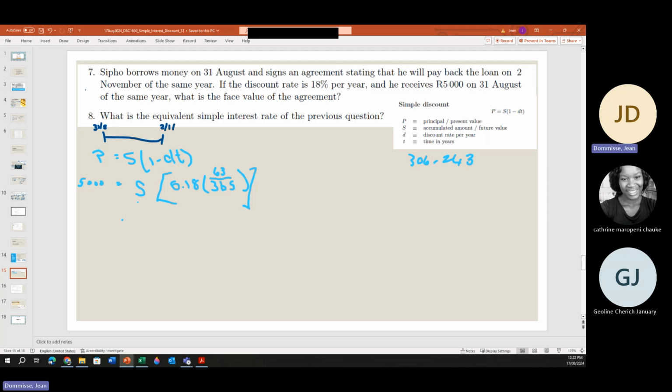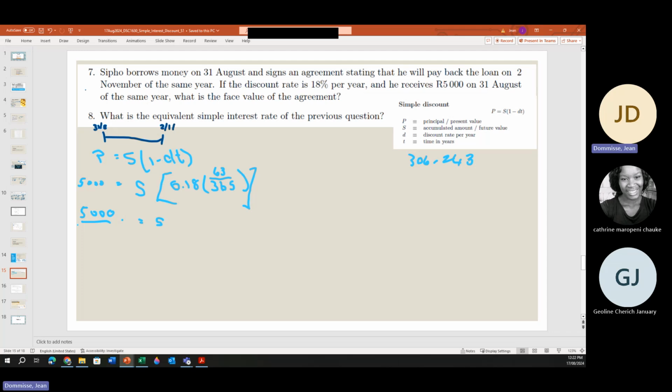Then I'm going to work out what is in brackets, so it is easier to say 5,000 divided by what is in brackets to get to our S. So 63 divided by 365 times 0.18.